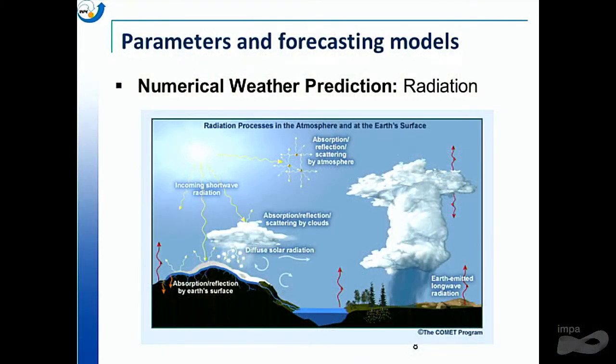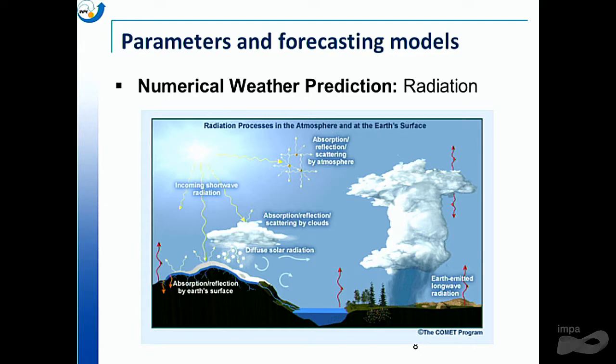And so, for example, in terms of radiation, you need to take into account the cloud formation. And so you have the sun, absorption, reflection, scattering by the atmosphere. And so short wave radiation is coming to the surface, and the surface emits some radiation, but not short wave, long wave radiation. And of course, this radiation emitted from the Earth has some absorption, reflection, scattering by the clouds, and so on.